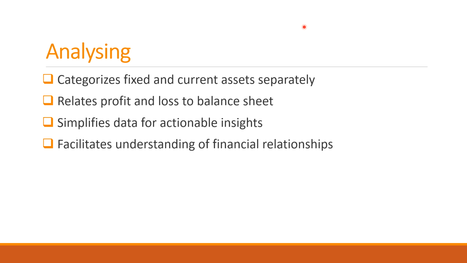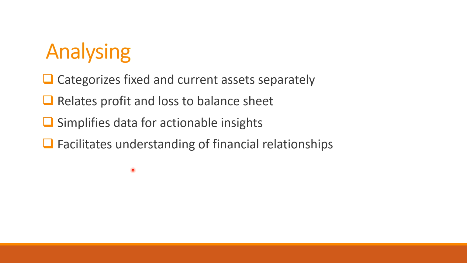stability. Another important aspect is relating the profit and loss account to the balance sheet. The profit and loss account shows how much profit or loss a company has made during a period, while the balance sheet gives a snapshot of the company's financial position at a specific point.